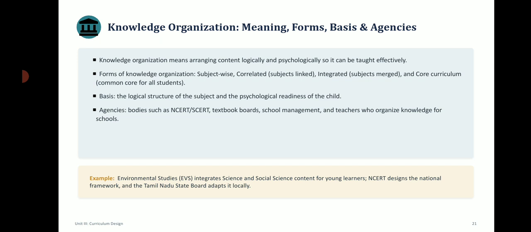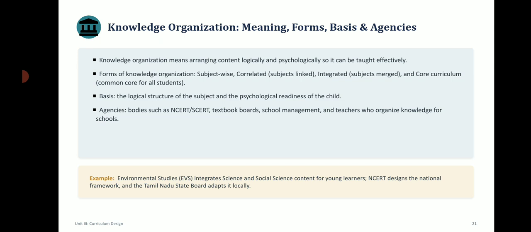A single module is prepared as an independent unit. A module uses a language style to create the feeling among the learners as if they are being addressed by the teachers. It gives suitable illustrations, recall questions as part of the lesson, and diagrams wherever necessary. Now let's come to the agencies. We taught the types of knowledge organization: spiral, concentric, logical, psychological and modular.